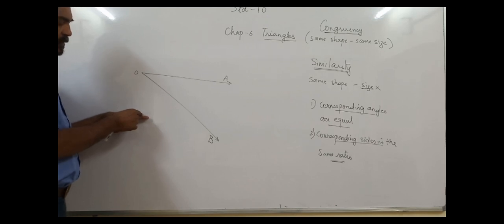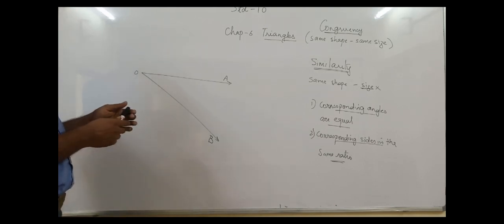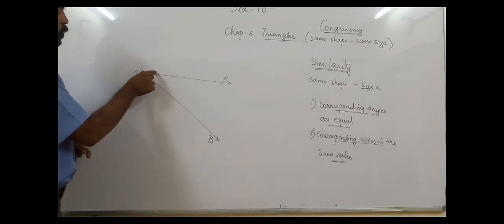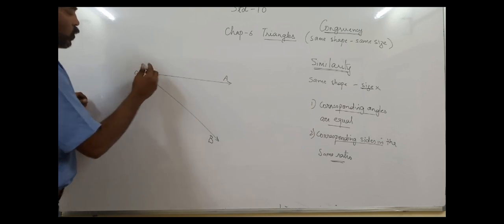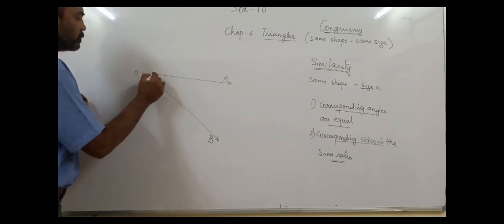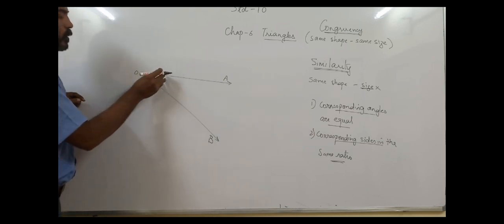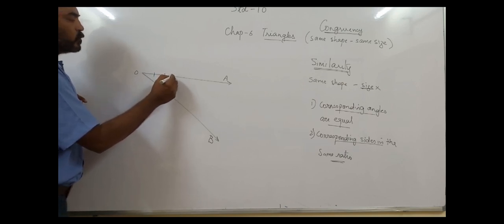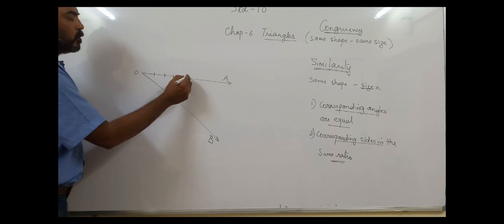Say 1 centimeter. And now, putting your point here, draw an arc at 1 centimeter. So you got a point here. Now putting your compass here, draw an arc again. Keep on drawing arcs of 1 centimeter.